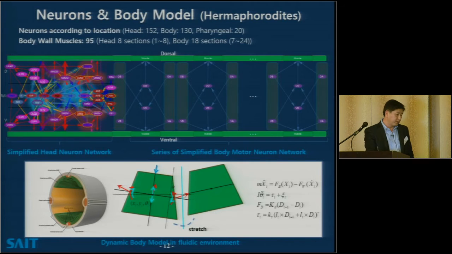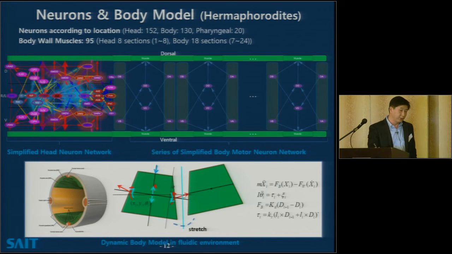This is kind of a summary of our study result of this network. It has around 302 neurons, but locomotion related sensory, interneuron, and motor neuron, it just has 200. But to make this animal move, you need to know exactly what each neuron's function is.